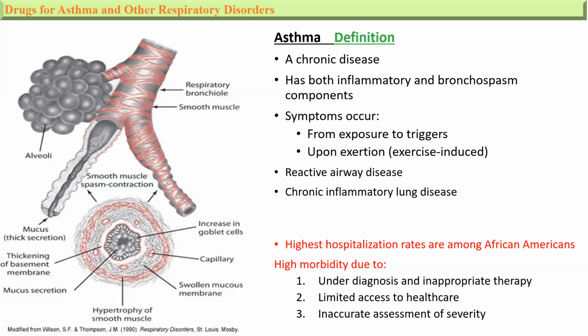You can include also other factors like the inaccurate assessment of severity of the cases, the delay in seeking help or assistance, inadequate medical treatment. Also, among the patients there is a high rate of non-adherence to prescribed regimen or therapy.